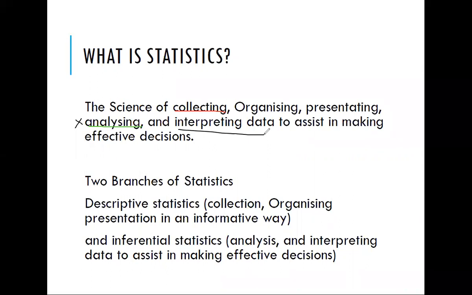So we have descriptive and inferential. Inferential, on the other hand, looks at the analysis, and that is a part which we usually don't do much, but it's very relevant to decision making. So inferential statistics looks at analysis and interpreting the findings from our data to make effective decisions. Good.